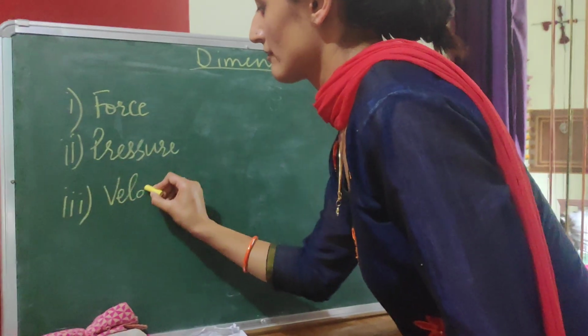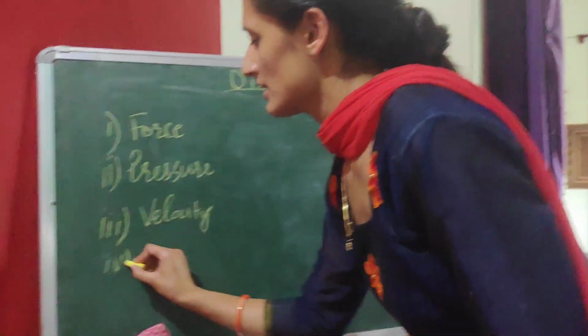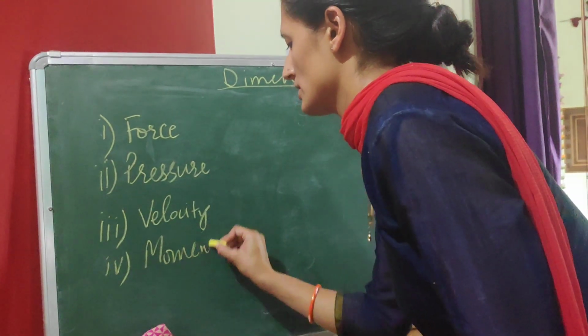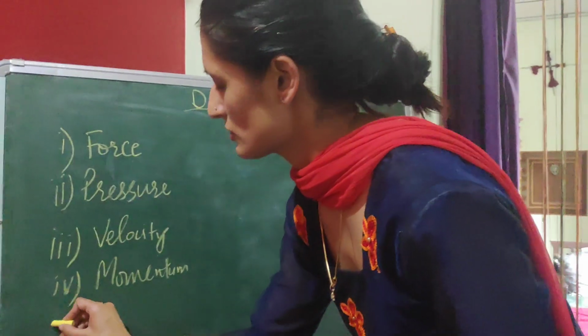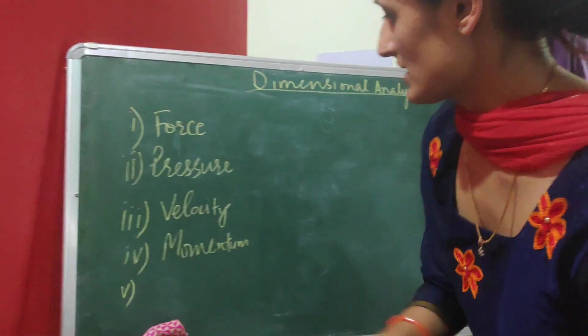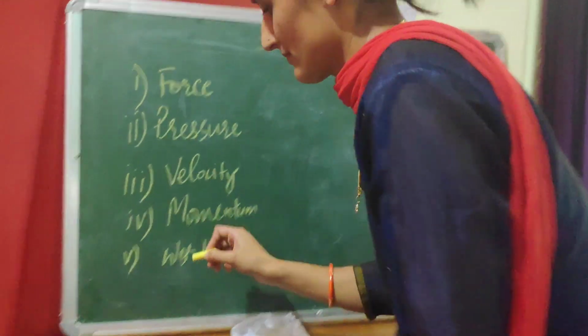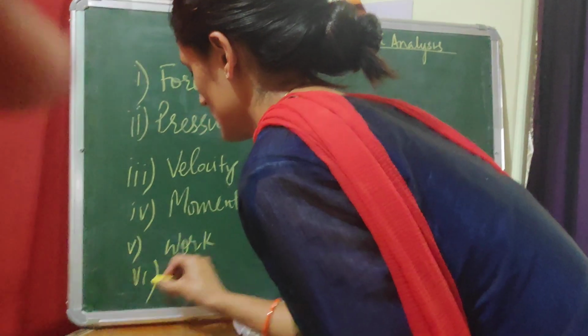These are the physical quantities which you have discussed in your previous classes. So we will start with this only, so you will get an idea. Momentum we have discussed. What else have we discussed in previous classes? Work and energy, and gravitational constant.